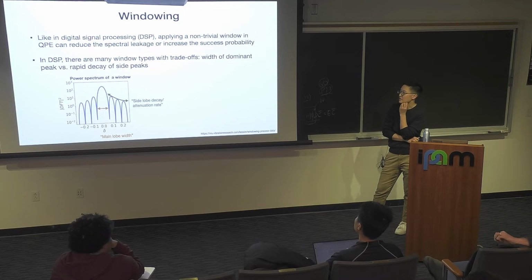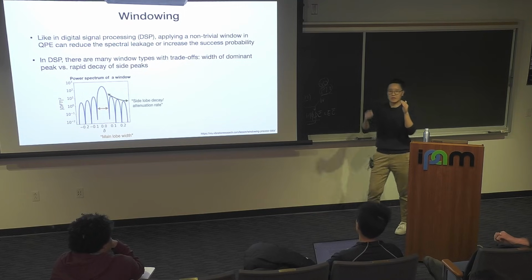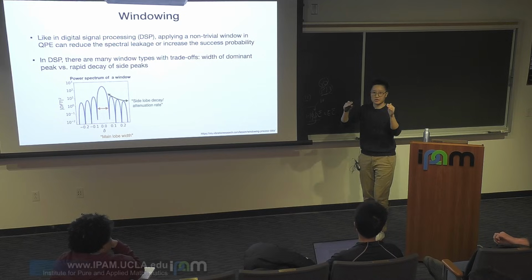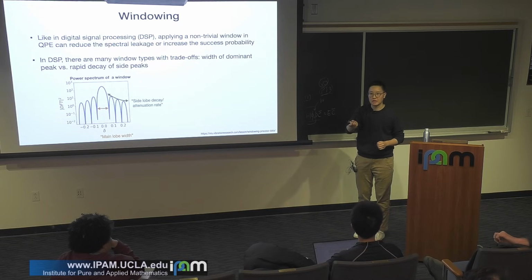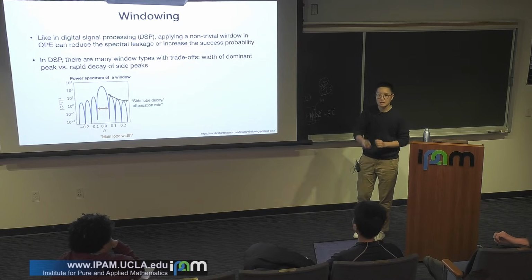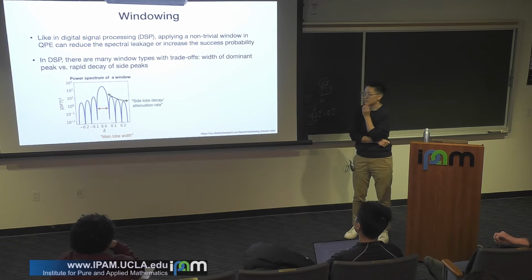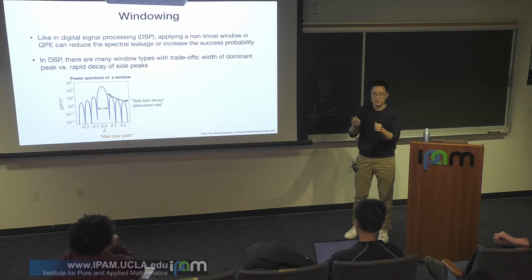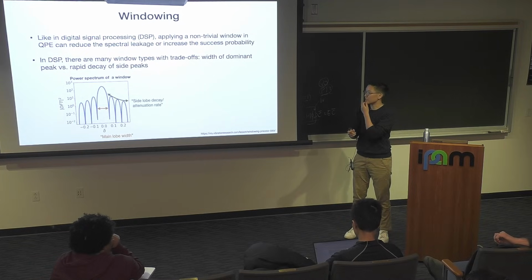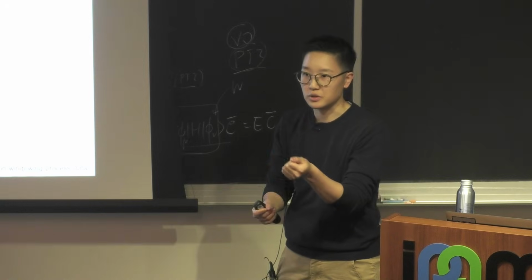And then the side lobes really have to do with the leakage of the success probabilities, which impacts your time to solution or runtime. So I think in that sense, establishing a clear set of performance metrics on phase estimation will dictate the types of window functions that you use.